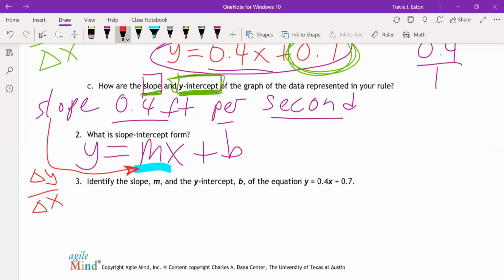And b is our y-intercept. And b is always a constant. The b is the y-intercept, and that tells us at what point the line crosses the y-axis when x is 0.